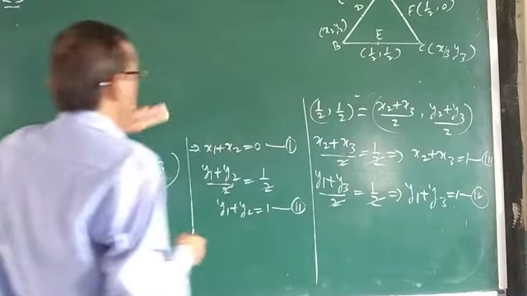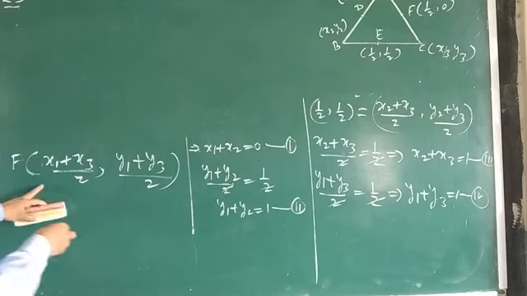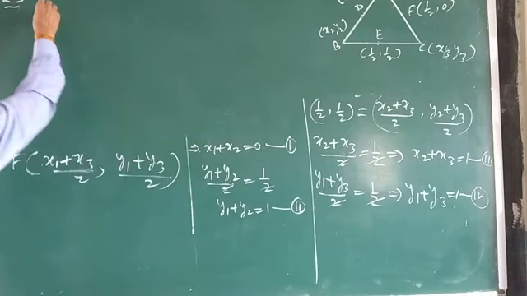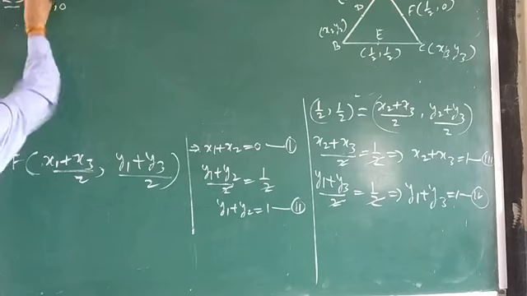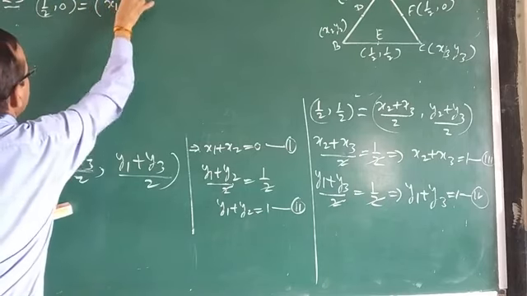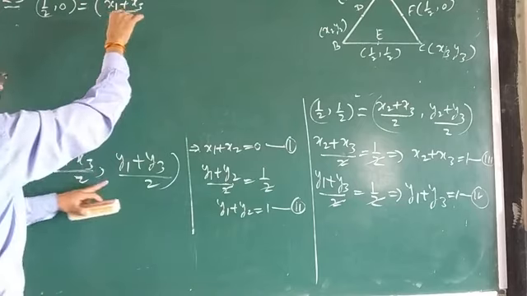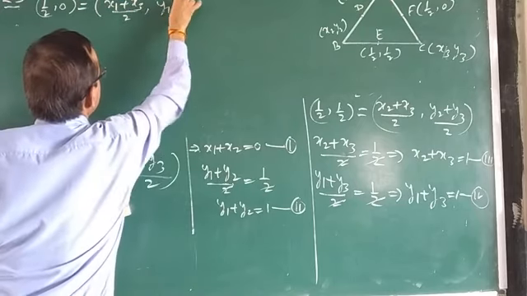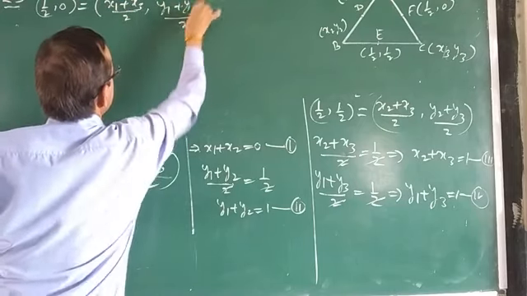Okay. Now for F, half comma 0 will be equal to (x1 plus x3) upon 2, (y1 plus y3) upon 2.